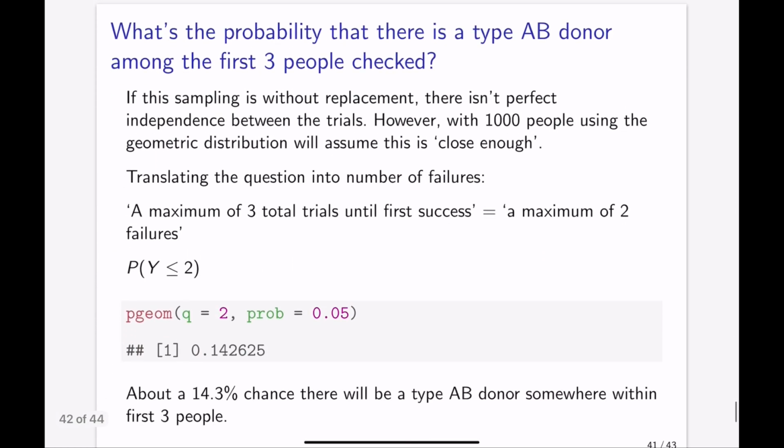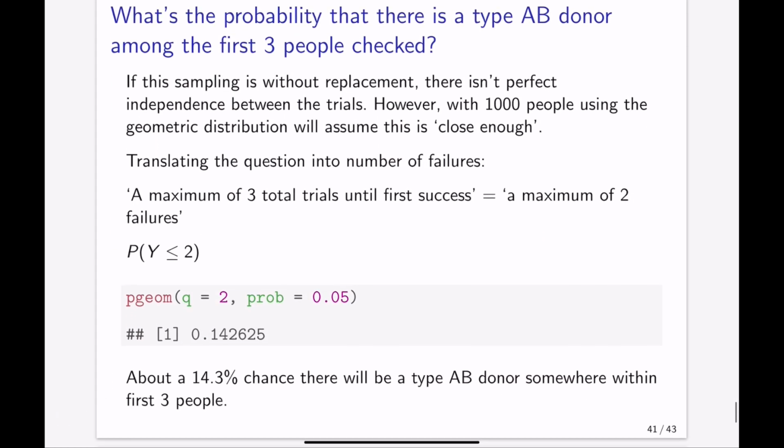So let's go on. What is the probability that there is a type AB donor among the first 3 people checked? We're talking about choosing 3 people, and presumably we're doing this without replacement, which is not going to be perfectly independent because, say, your first person was type AB, that means you have 1 less person with type AB blood in your group to choose for the second person.